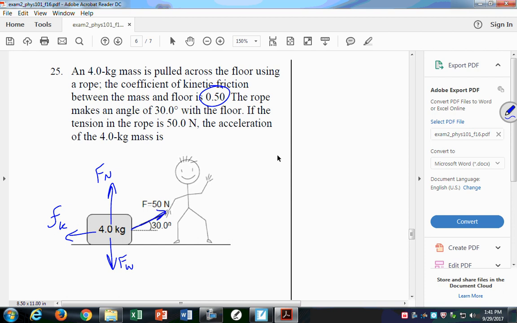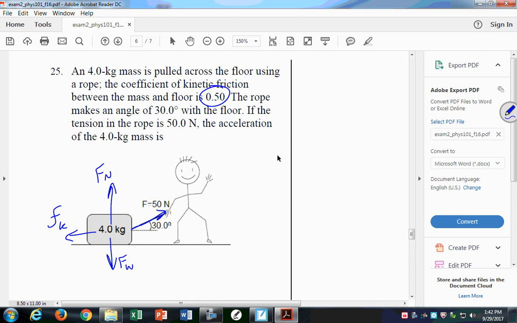The normal force is going to be more or less than the weight because of that force of 50 newtons that the guy is pulling up. Is the normal force more or less than the weight? It's going to be less, because if I pull up on something, it's like I'm taking away some of the weight. It's not pushing down on the floor as much.